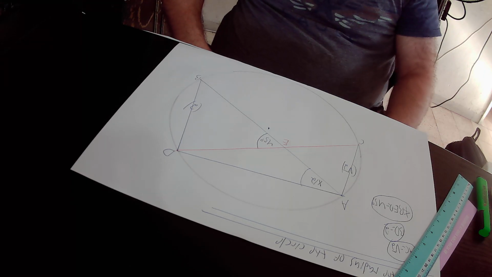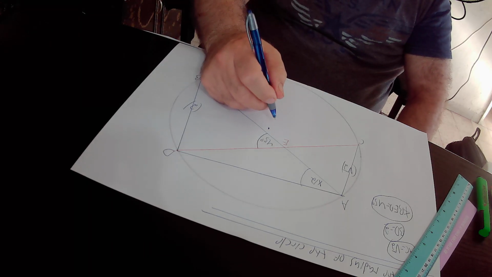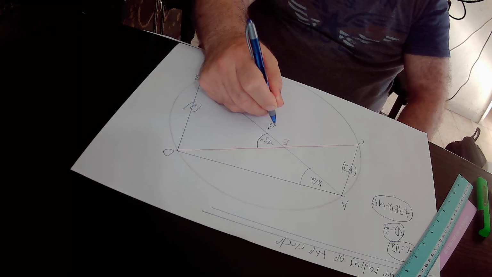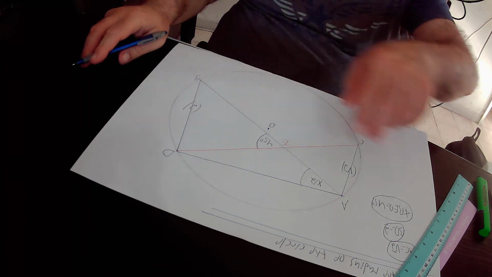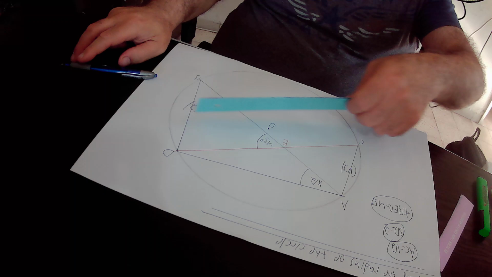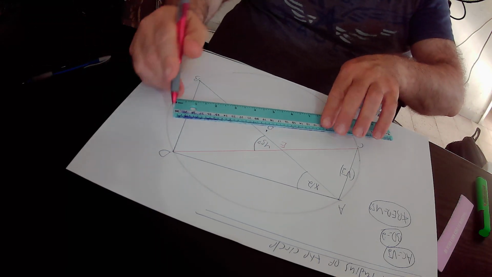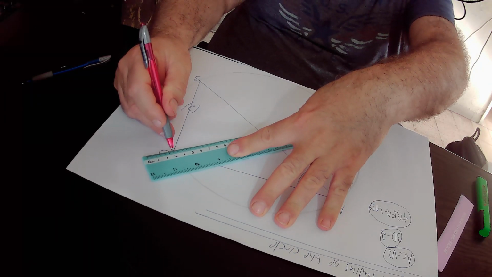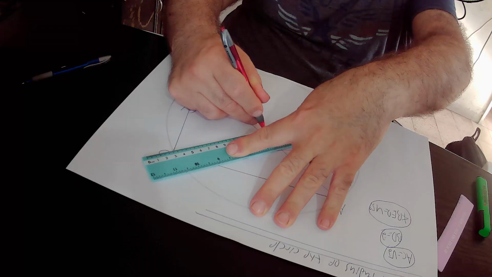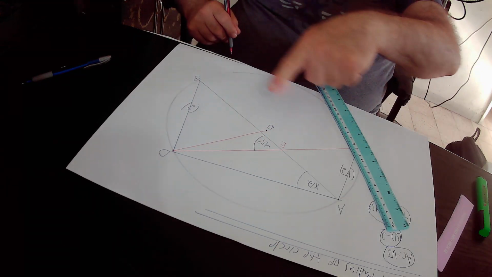We will define the center of this circle, this point, as point O. In the next step, we will join points O and D together by a straight line. Likewise, we will join points O and B together by a straight line.